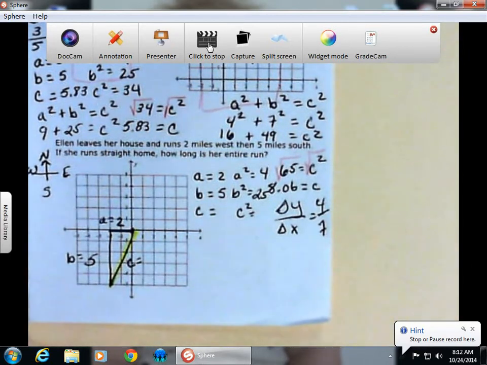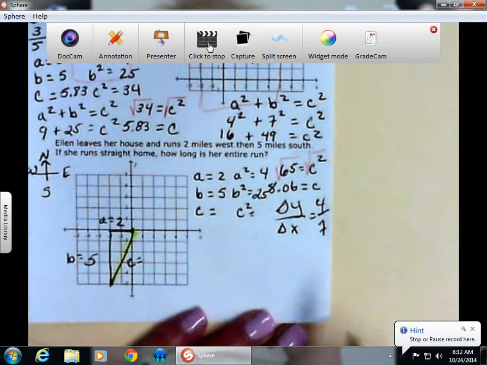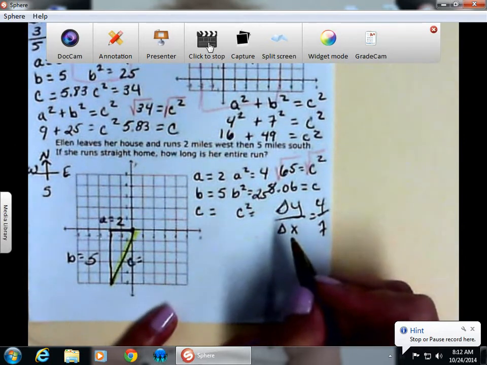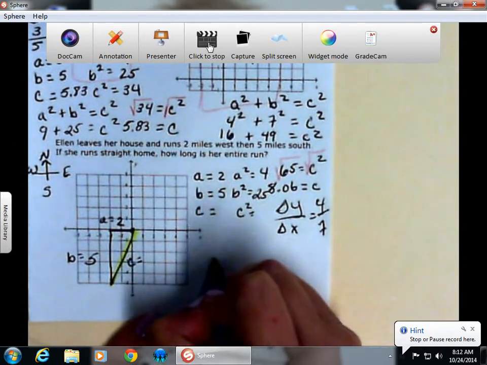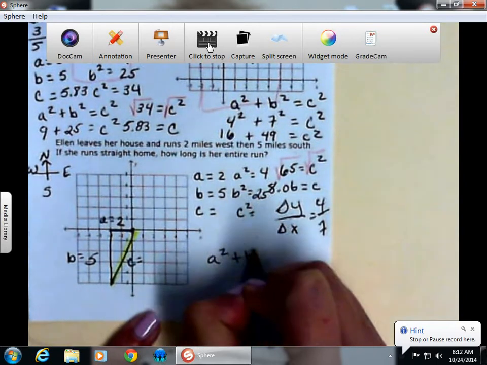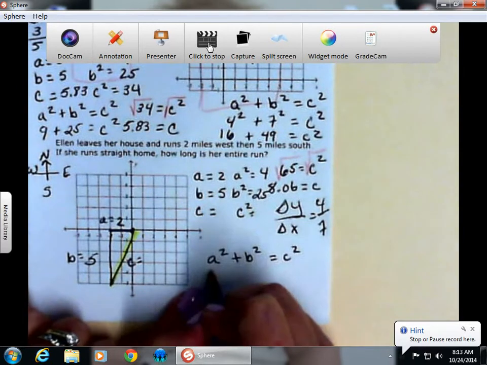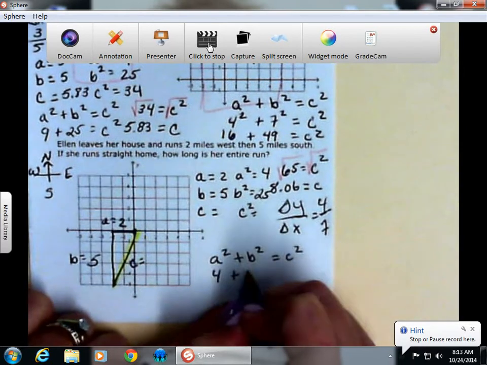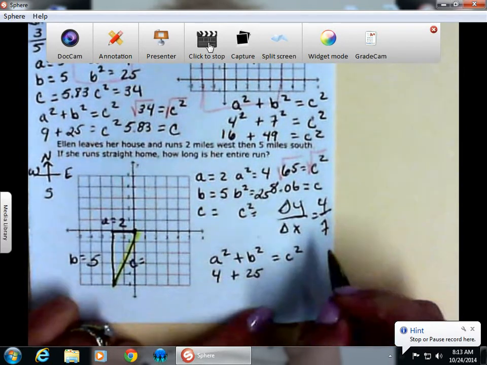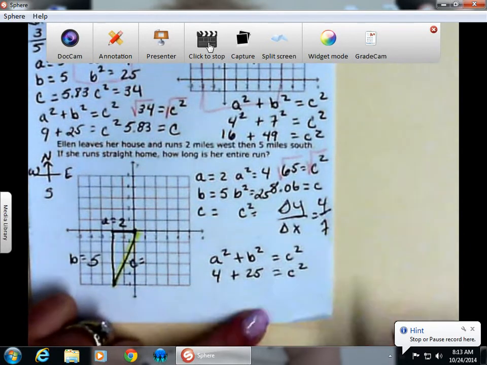A squared plus B squared equals C squared. I know A squared is 4 plus B squared, which is 25. It's going to give me my C squared. 4 plus 25 is 29, and that equals C squared.